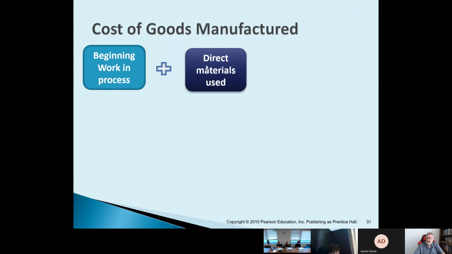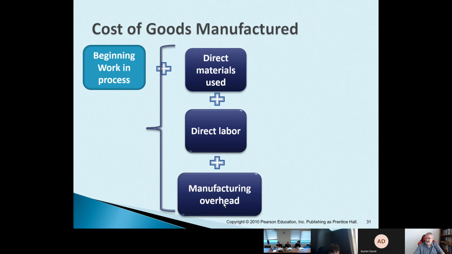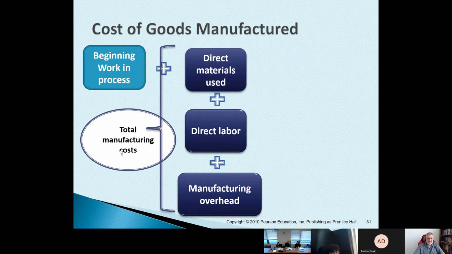So our beginning work in progress plus our materials used plus our direct labor plus our manufacturing overhead gives us our total manufacturing cost. What did we start with?